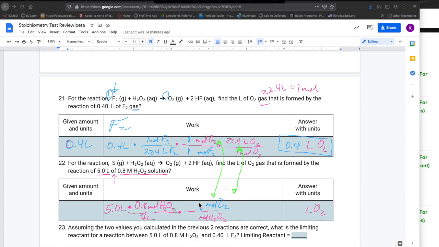So when I finish this off, I'm still trying to find the liters of the gas oxygen. Oops, liters of oxygen. Okay, and then these values, that's a 1, and H2O2, and that's a 1. Boy, I didn't make that very hard, did I?